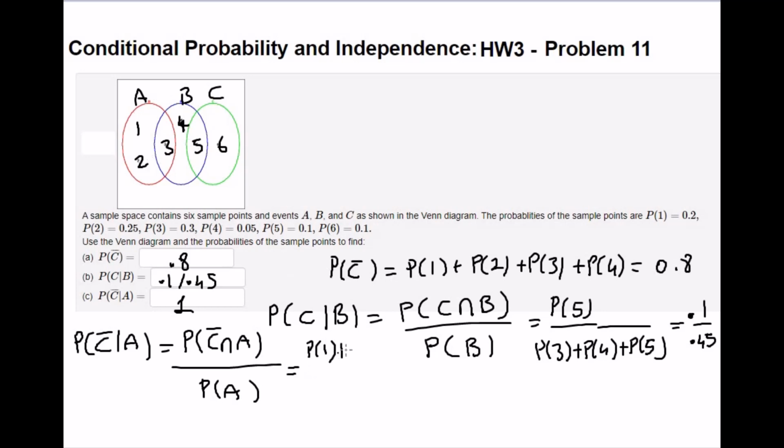Probability of 1 plus probability of 2 plus probability of 3, or you can say probability of A, over probability of A is 1. So exact same value on top and bottom, you obtain 1.